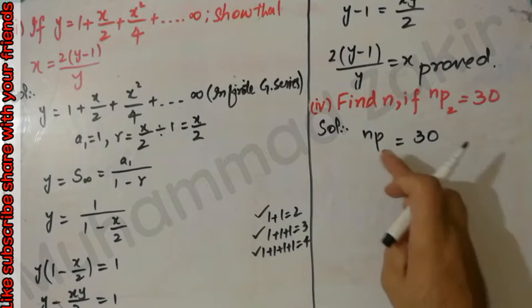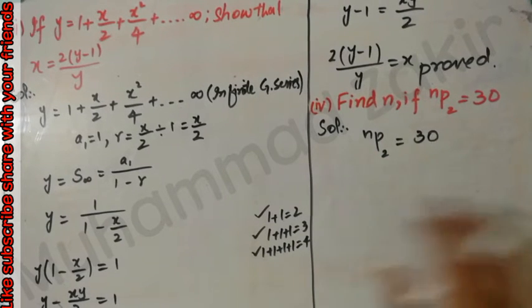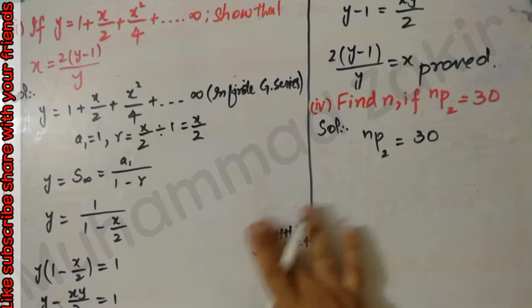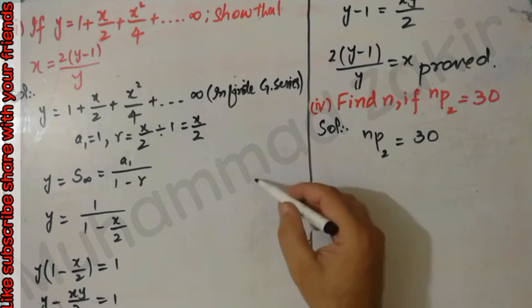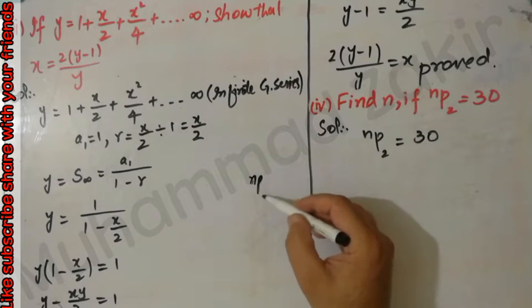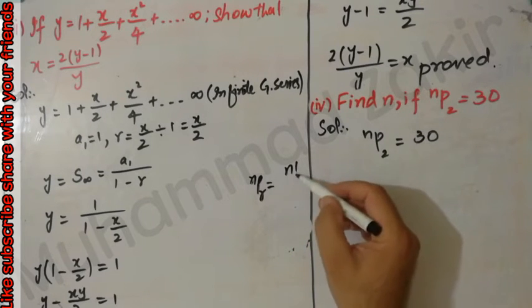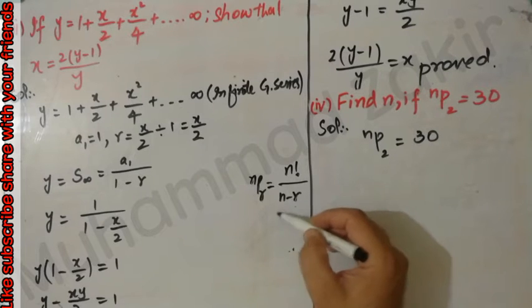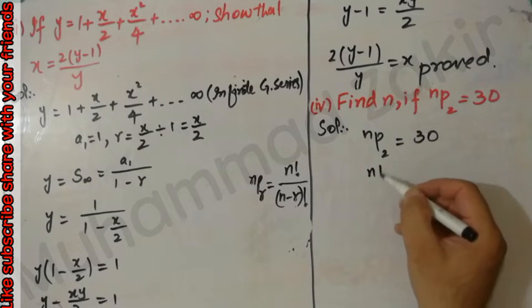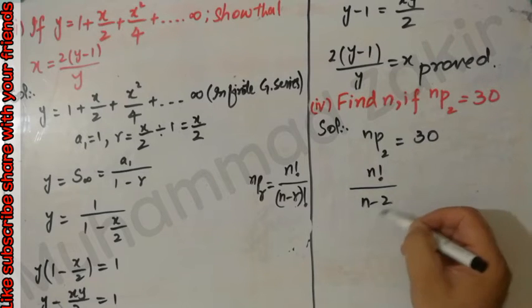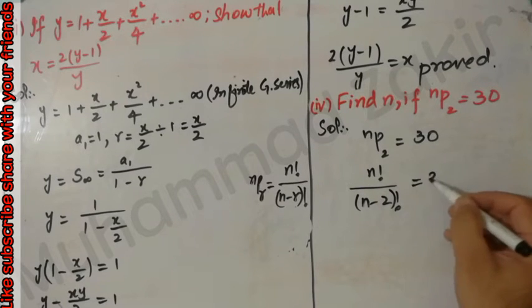We know that the formula for npr is n factorial divided by n minus r factorial. So r is 2 this time. It will be n factorial divided by n minus 2 factorial is equal to 30.